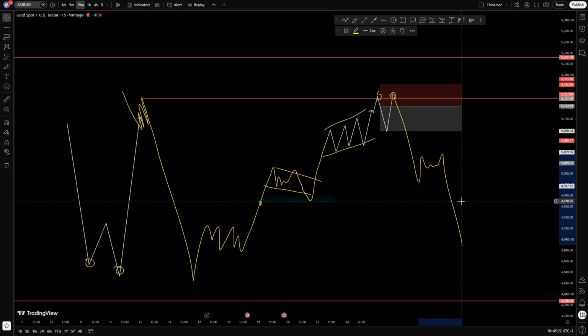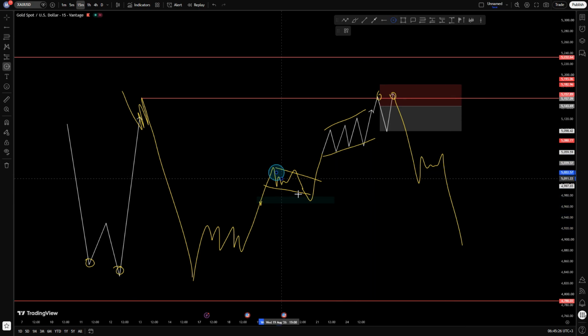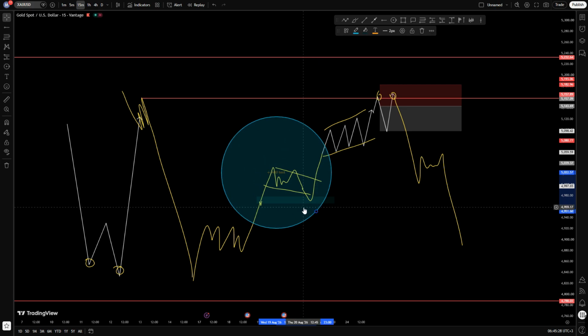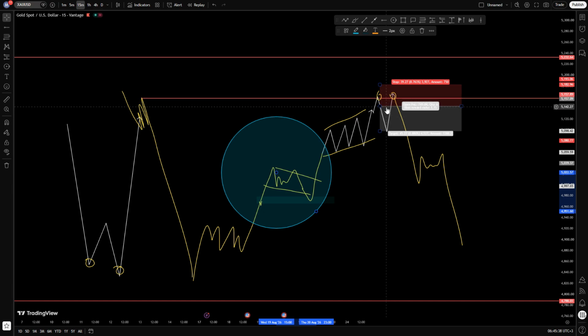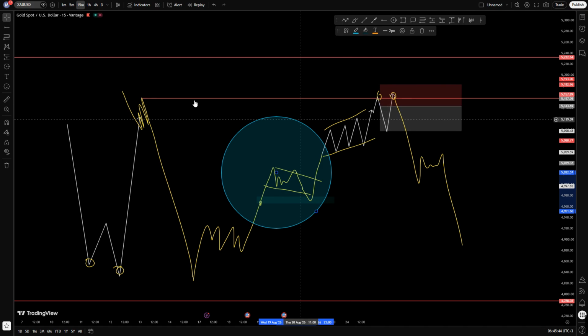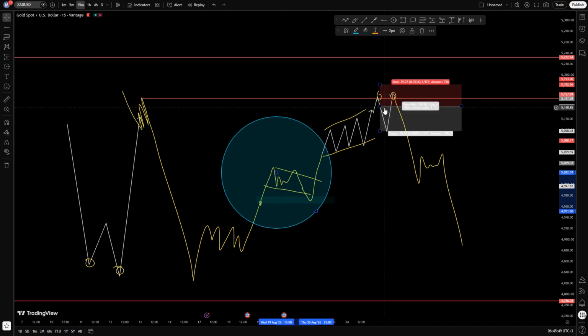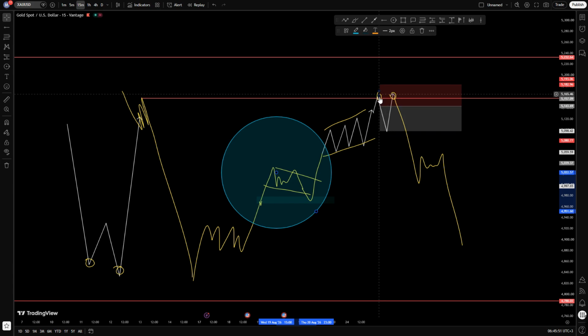Now you see the difference with a continuation, like in the middle of the move, right? In the middle of the move, it's okay to just place a buy once price taps into your value area. But at the end of the move, it's very important for you to pay attention to this, right? Because I always say that price doesn't move in a straight line. So when price taps into this, it's not always where price is just going to start pushing to the downside.